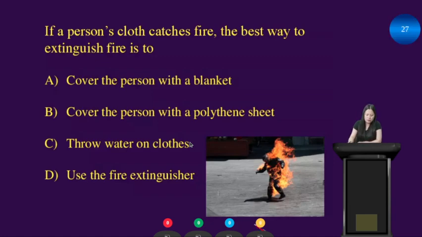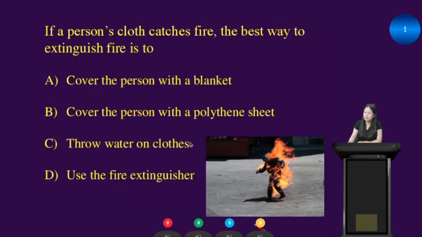If a person's clothes catch fire, the best way to extinguish the fire is to which of the following? Option A is cover the person with a blanket. Option B is cover the person with a polythene sheet. Option C is throw water on clothes. Option D is use the fire extinguisher.